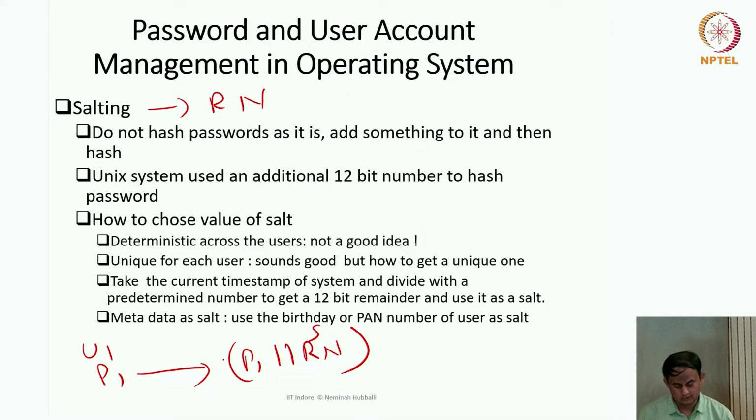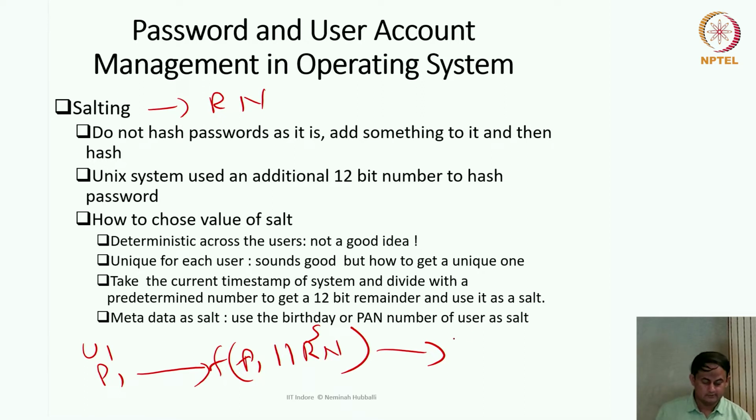You give these two values together to the function f. So by adding a random number, even if user 1 and user 2 select the same password P1, as long as the random numbers generated for them are different, the inputs to the function f look different.